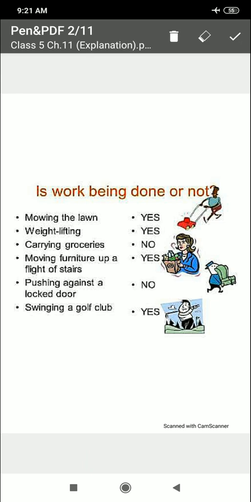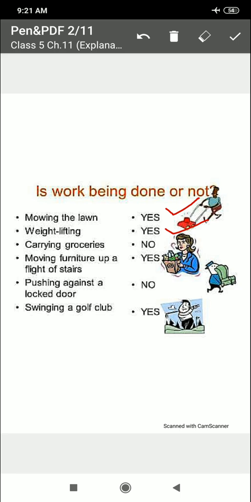Next, here you can see a few more examples of work being done or not done. Now let us discuss one by one. The first one is mowing the lawn. As you can see in this situation, the person as well as the machine will move from its place. So that means work is done. Second is weightlifting. In weightlifting, obviously the person will move the weight from its place. So work is done. The third is carrying the grocery.